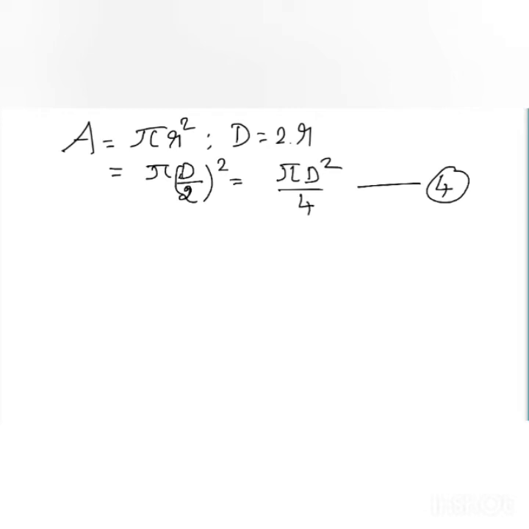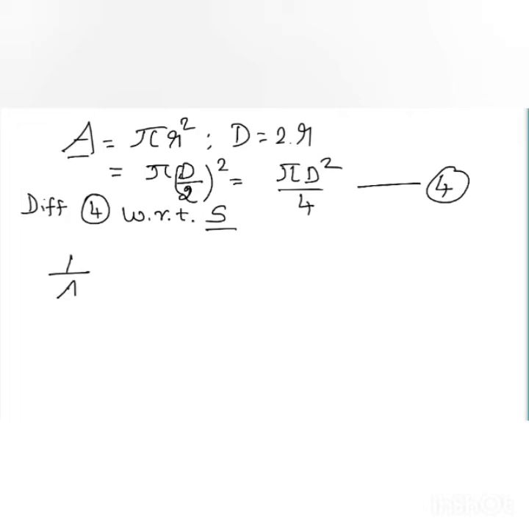Now let's use this equation number 4. Let's differentiate this equation number 4 with respect to s. So if I do this, see, this is what we are going to differentiate.